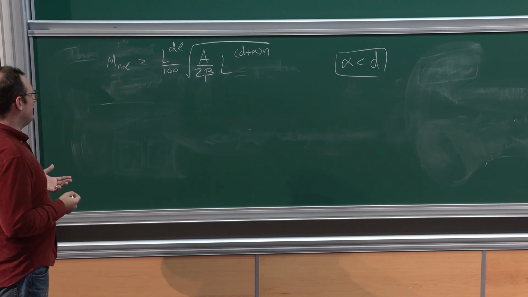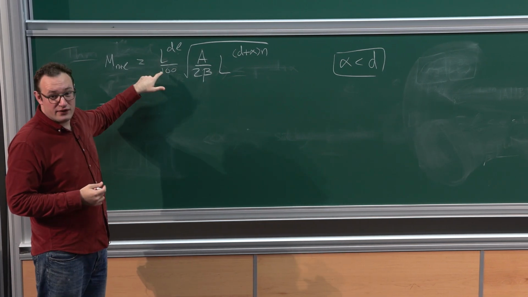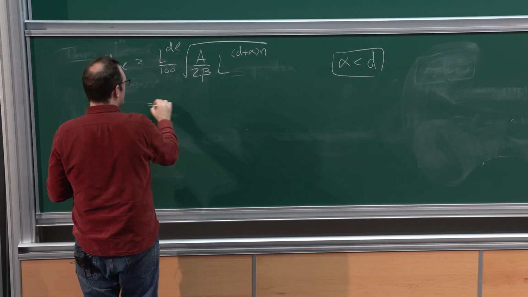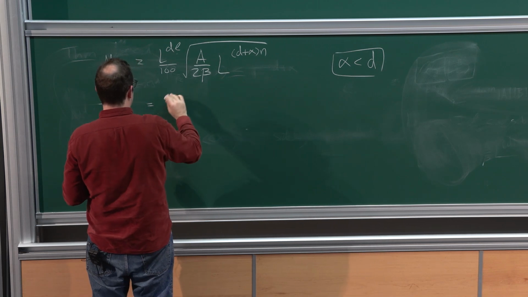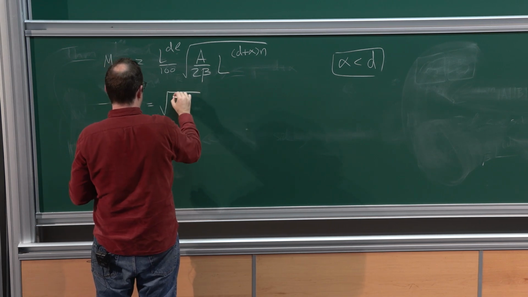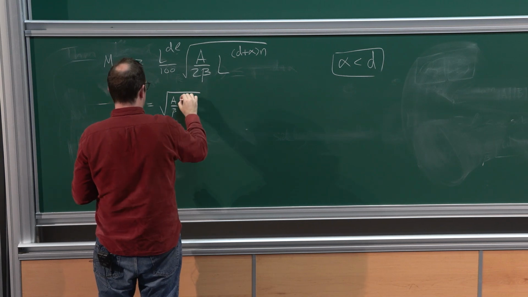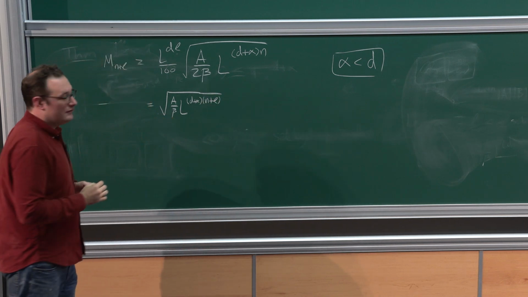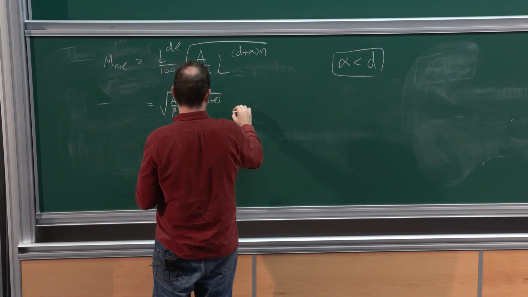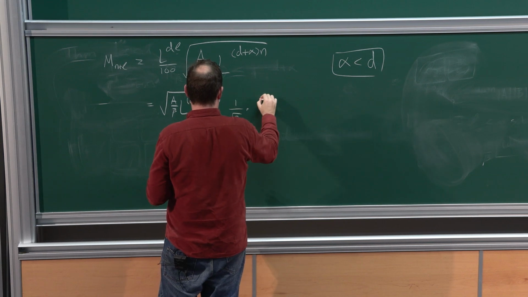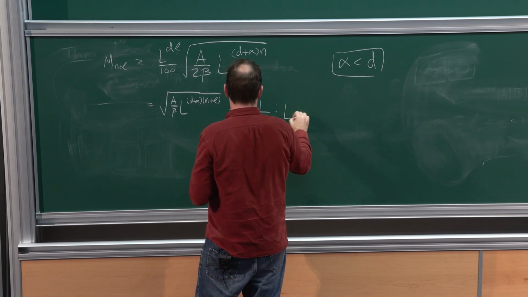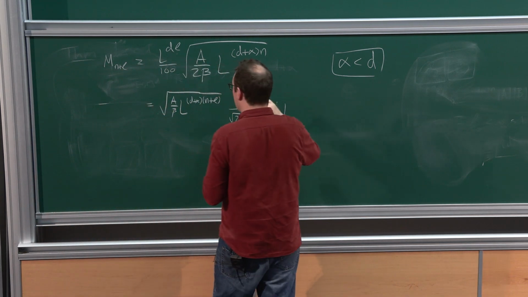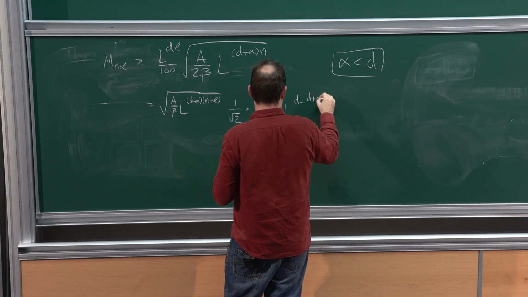So the point is basically that we can take small l large enough, again, if we write this as the thing we want, square root a over beta times l to the d plus alpha n plus l, times, well, we get this root 2, and we get the 1 over 100, but then we also get the l to the remaining power of l, which is d minus d plus alpha.